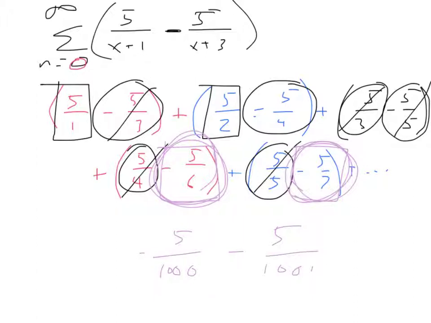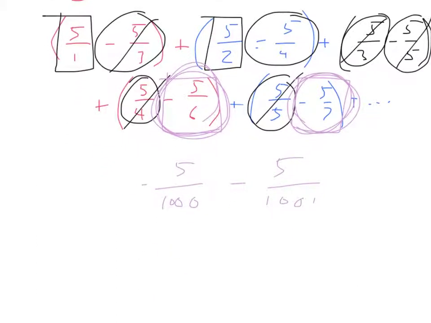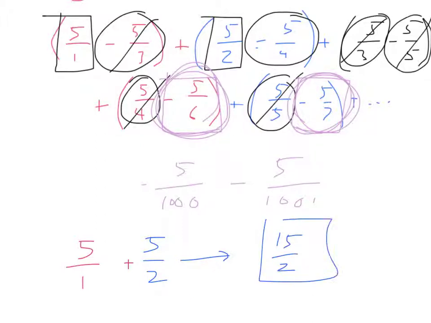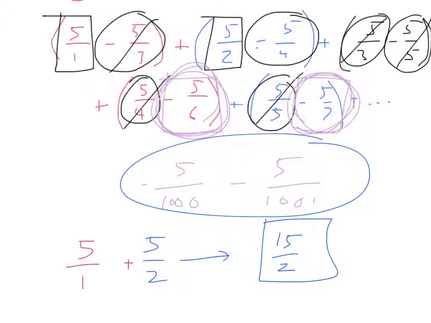It turns out that in this telescoping series, all that really matters is the 5 over 1 and the 5 over 2. When I add those two things together, I end up with 15 over 2. That is the sum of this series. Because everything else will either subtract off or tend towards 0, all that's going to matter are those first terms, which means the infinite series is 15 over 2.